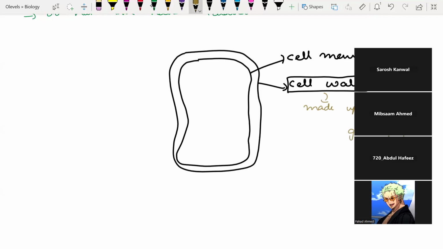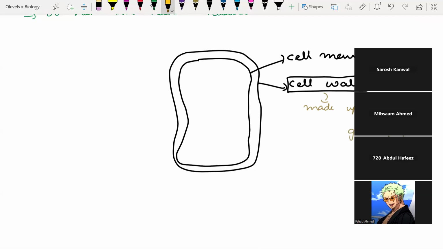Because in animal cells, for example in humans, we have a skeleton for our support, but plants do not have a skeleton. So they have an additional layer at every plant cell to give them extra support, right?